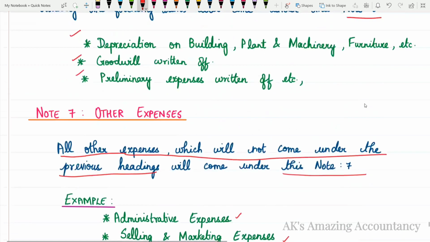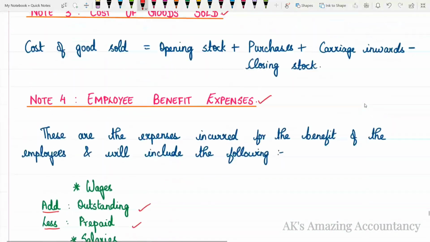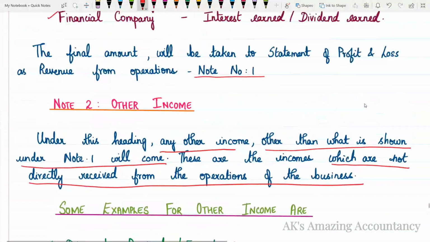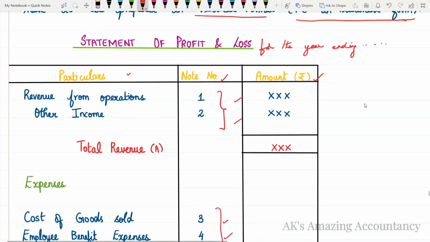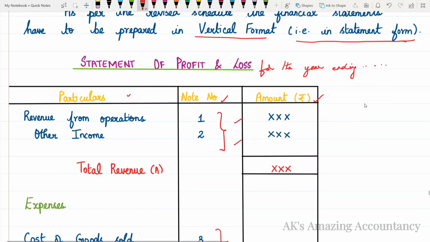Now let us have a look at the format of the statement of profit and loss. So, as per the statement of profit and loss, after finding out the total of each and every note, you would have entered that in the statement. Note 1 and 2, as I told you already, are notes relating to revenue.